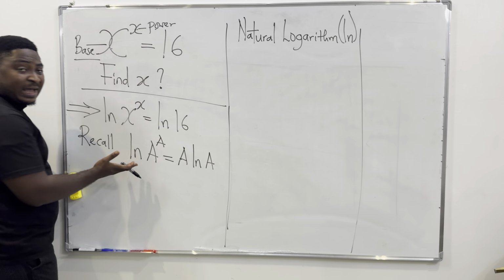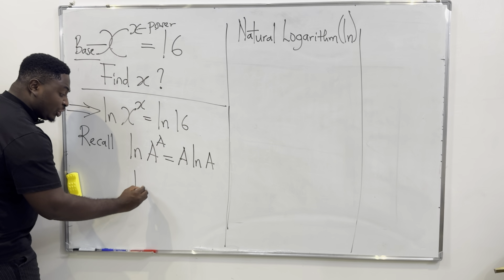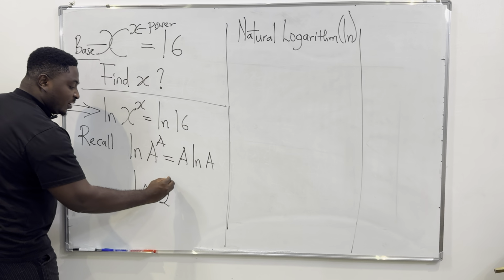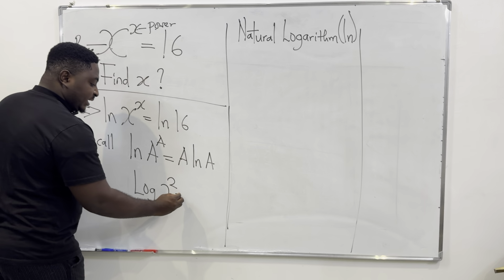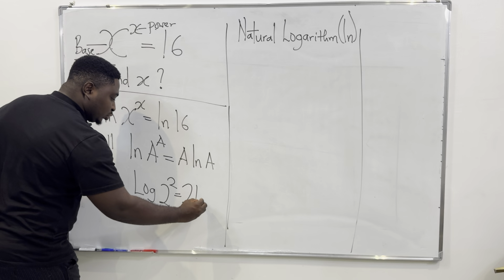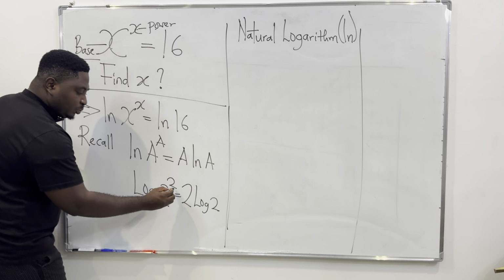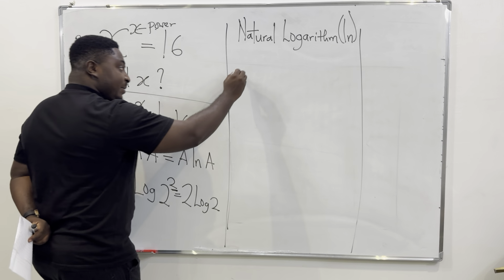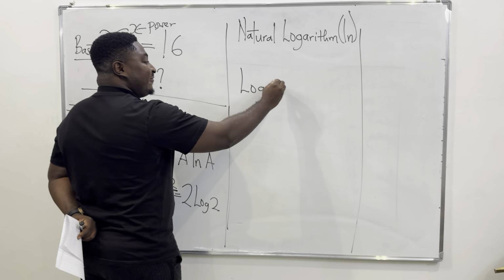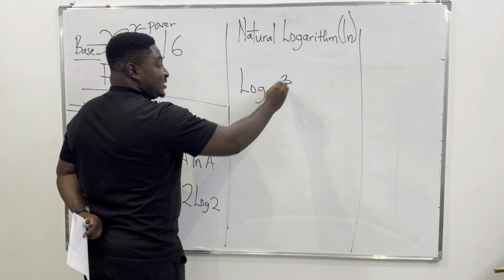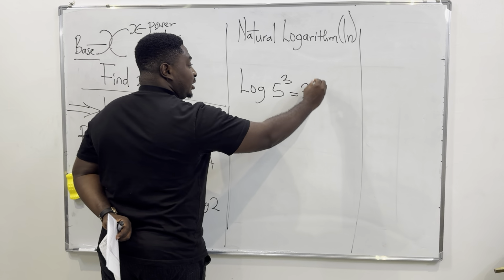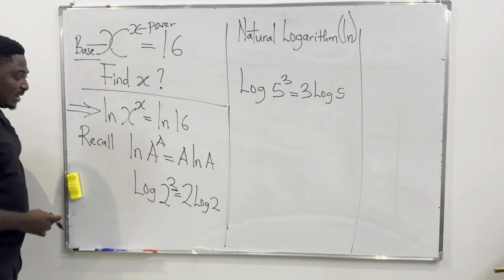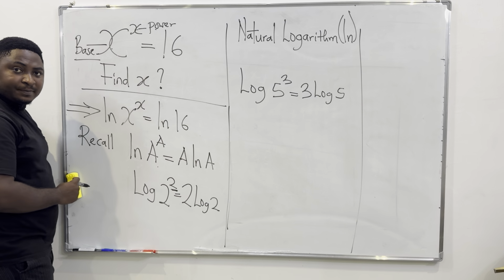Because natural logarithm is a type of logarithm, and if you remember in your normal logarithm, log 2 raised to the power of 2 is the same thing as 2 log 2, meaning that this power 2 can come to the front. Same rule allows us to say log 5 raised to the power of 3 can be written as 3 log 5. So this rule that applies to normal logarithm also applies to natural logarithm.